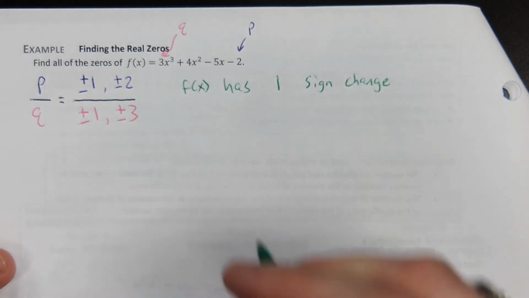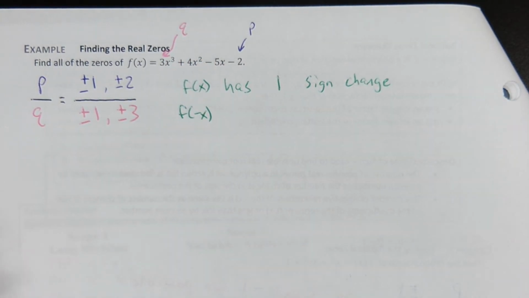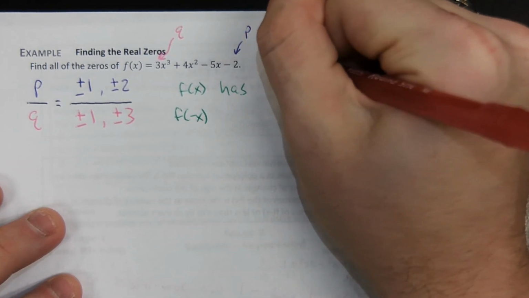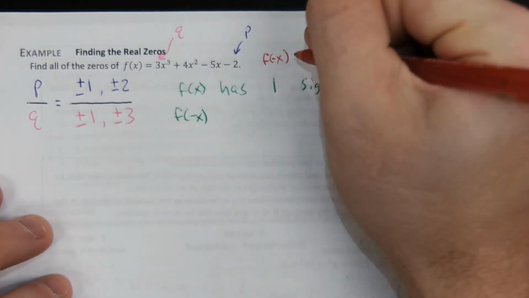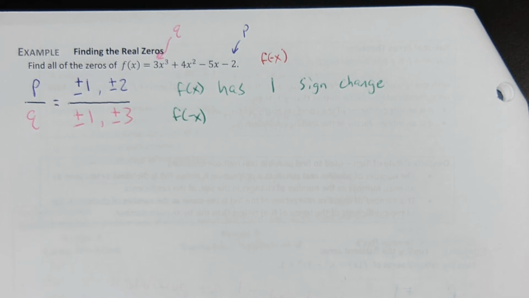Then we have to count the sign changes on f of negative x, and oh, you know what would be helpful is if I could see f of negative x. So let's see, I'll fire that bad boy right up here. Let's get f of negative x. Remember, what we're doing here is just evaluating for negative x, so anything that has an odd exponent, the sign changes. Anything that has an even exponent, nothing happens.